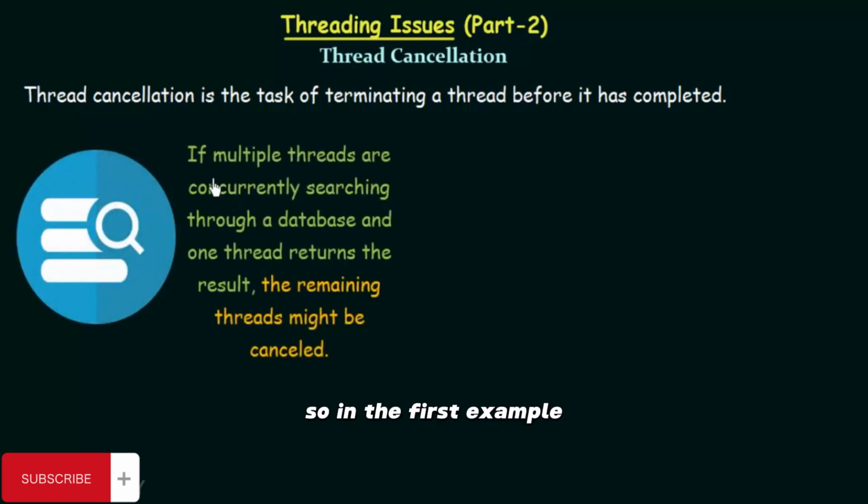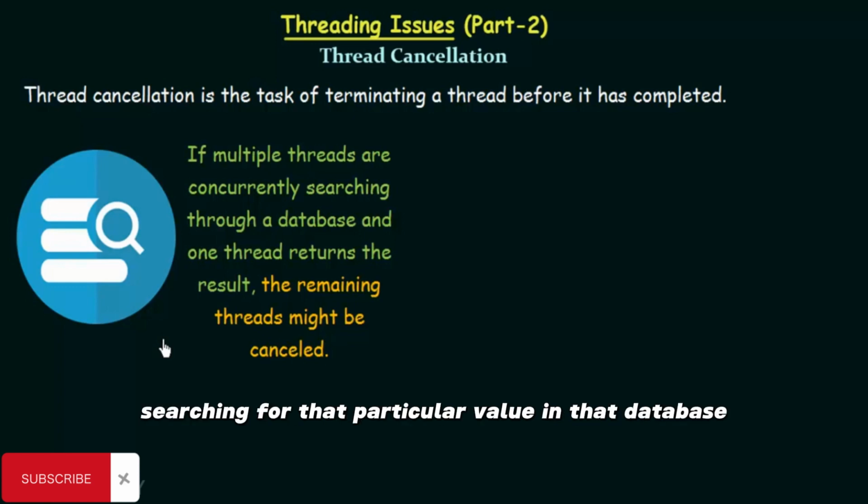In the first example, if multiple threads are concurrently searching through a database and one thread returns the result, the remaining threads might be canceled. Let us say that we have a database and we are searching through the database for a particular value or a particular result. According to the search algorithm, many threads may be involved in searching for that particular value in that database.